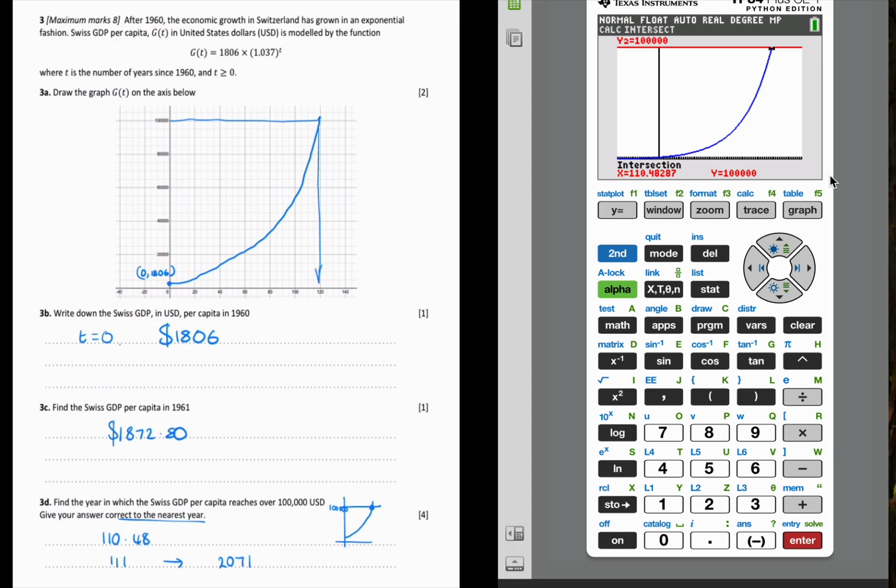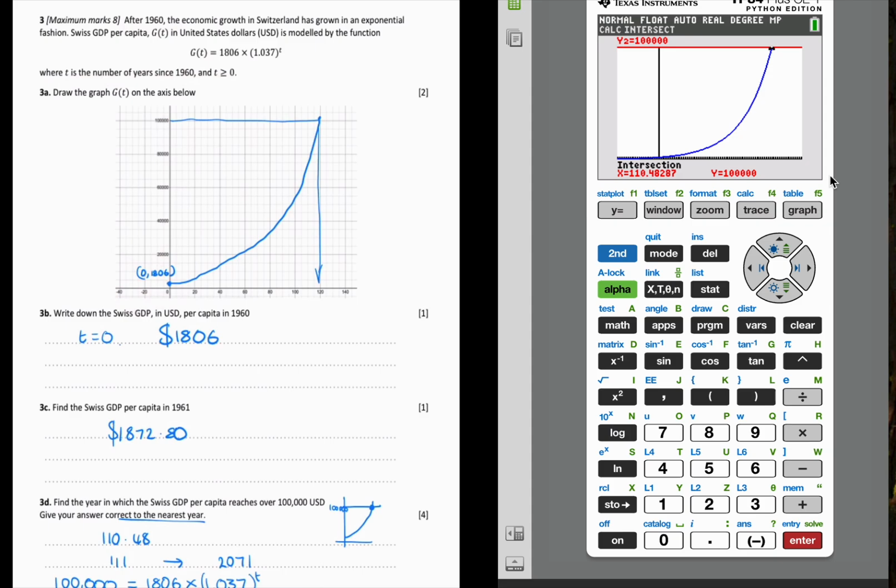Or you can say that it's when 100,000 is equal to the original function, which is 1806 times 1.037 to the power of t. Any of those methods would be fine, so you'd get the method mark. Because if you do go wrong in a question, you always need to have those method marks.